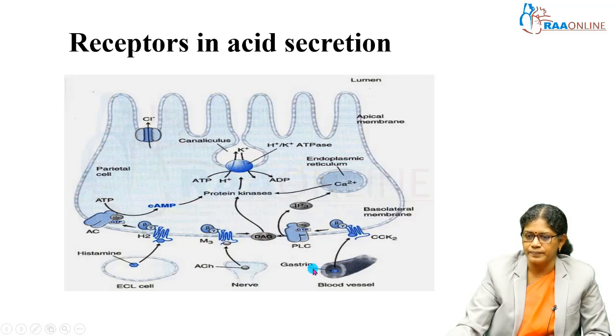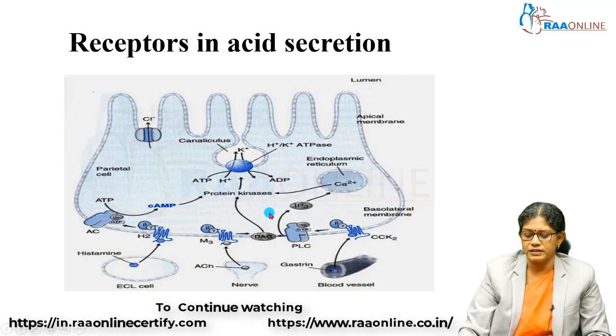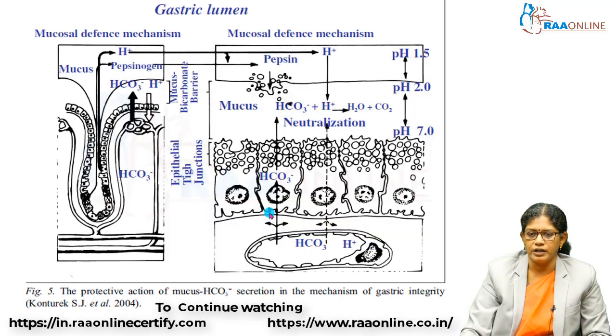And gastrin, which acts through CCK2 receptors, is also responsible for increased calcium as well as increased acid production. So these are the three important things responsible for the production of acid, that is, the H plus ions. After this, through an enzyme called H plus K plus ATPase, the HCl production takes place. In the following slides, we will see how this HCl production takes place.